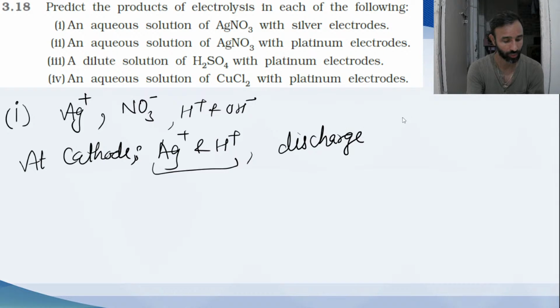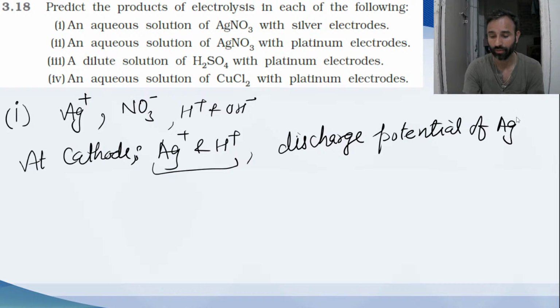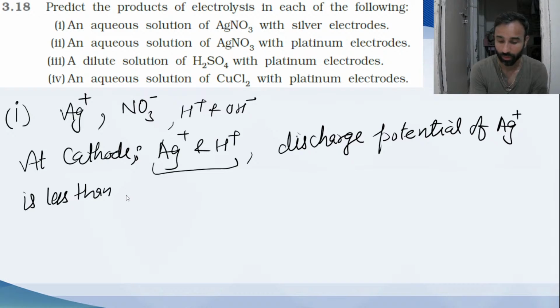Discharge potential of Ag+ is less than that of H+.